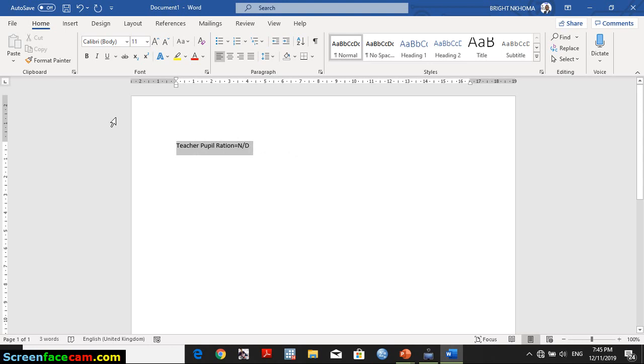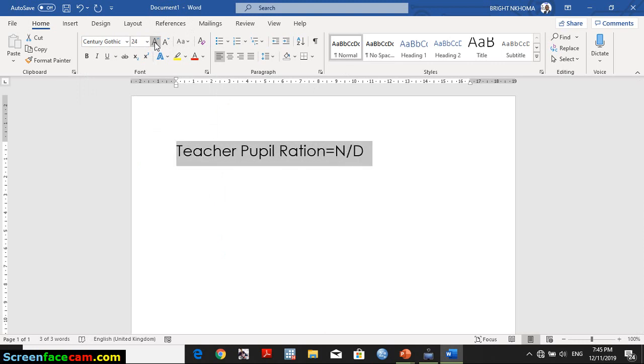So we are saying that a ratio has got a numerator and a denominator. Let me just increase the font size. Teacher pupil ratio.